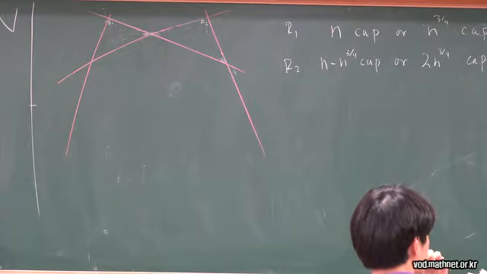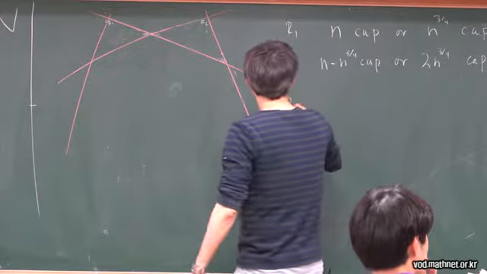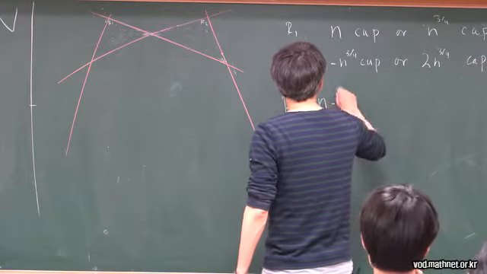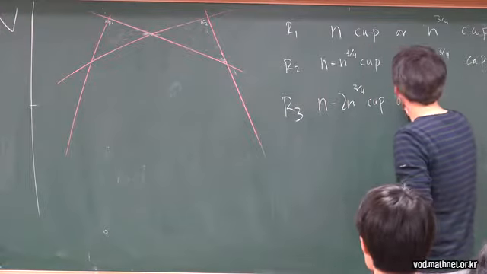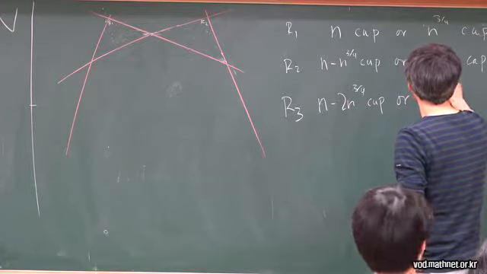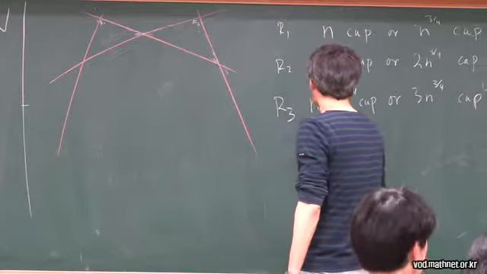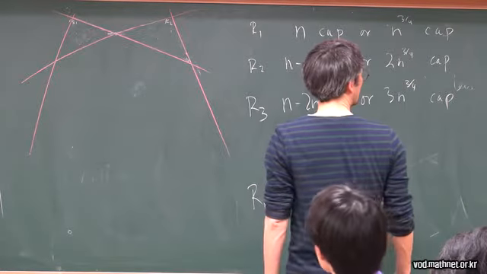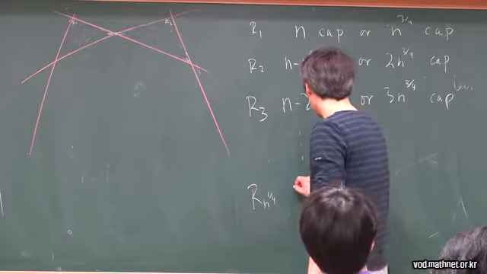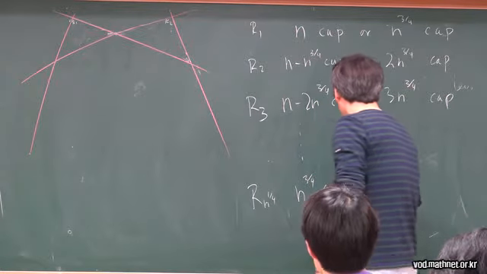That's why I have this I here. Or region 3 will have either n minus 2n to the 3/4 cup or a 3n to the 3/4 cap. And all the way to the last guy, which was roughly n to the 1/4, right? Which either has an n to the 3/4 cup or n cap.